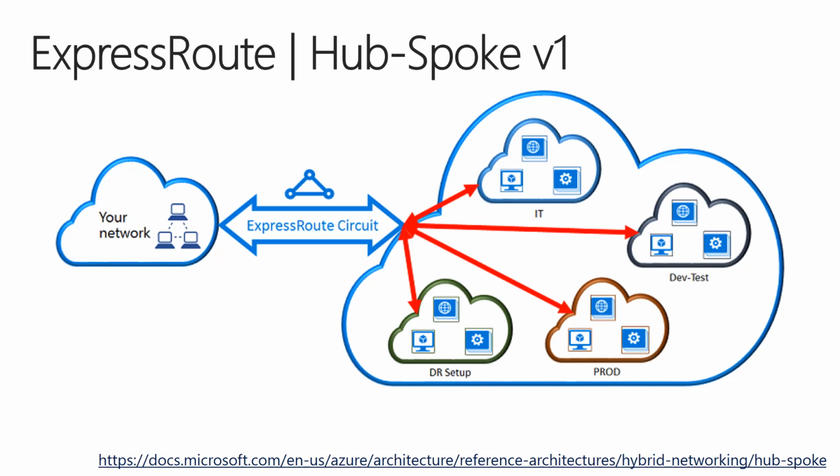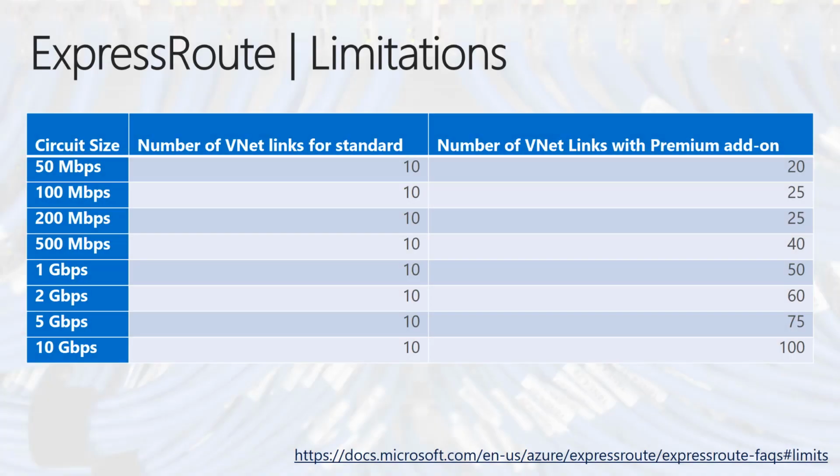The difference is that in the case of the ExpressRoute, the required routing is automatically enabled and configured, whereas on premise, you would have to configure the routing on your layer 3 network device. When using the ExpressRoute gateway as the hub, as in example V1 that we were just showing, there is a limit to the total number of VNets that can be peered directly to the ExpressRoute circuit.